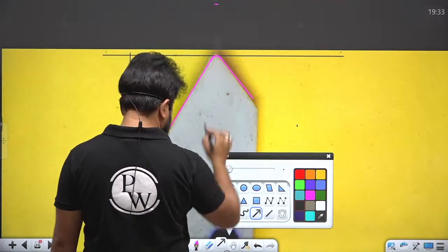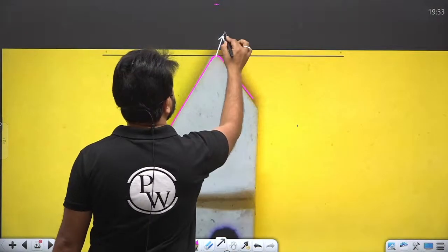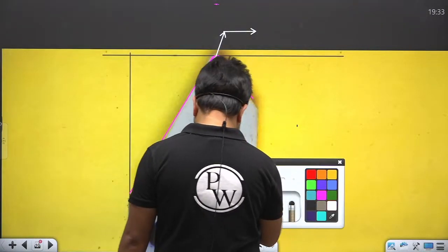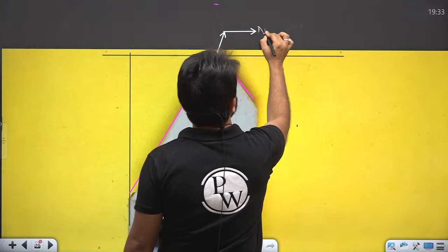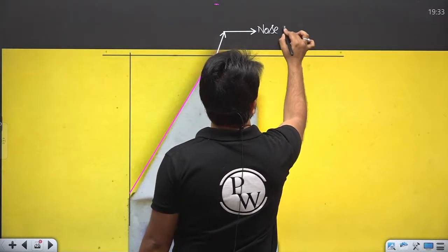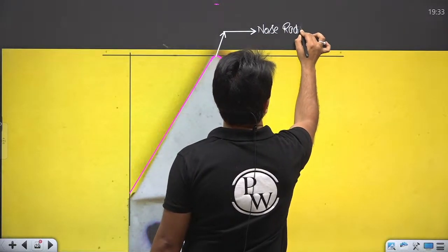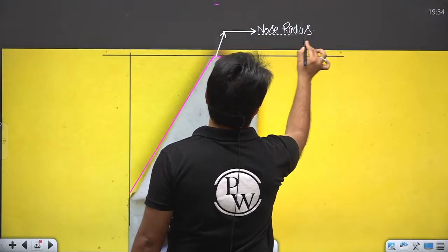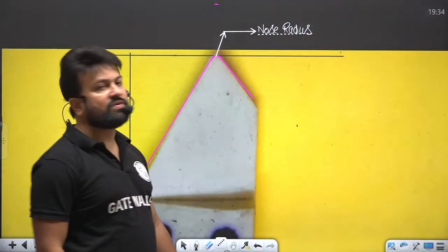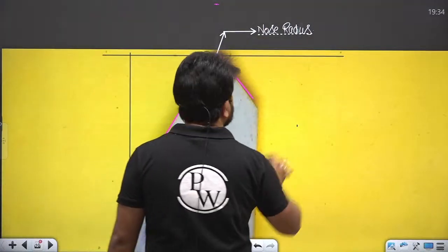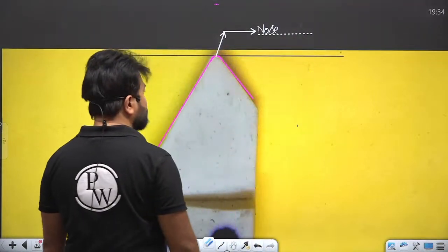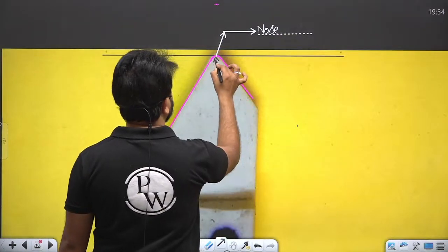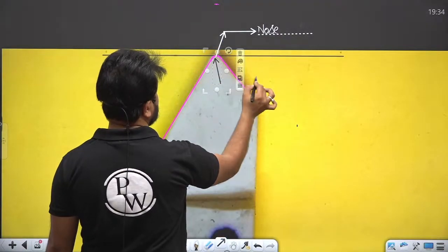So this is simply called the nose of the tool. Now if this is a nose, then I'm talking about this curvature.